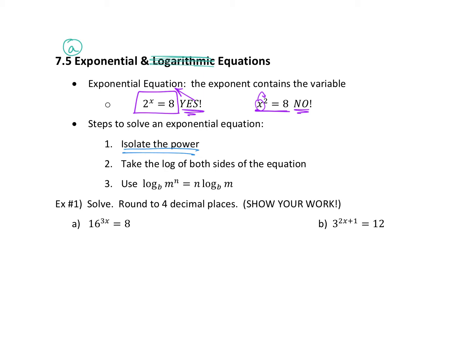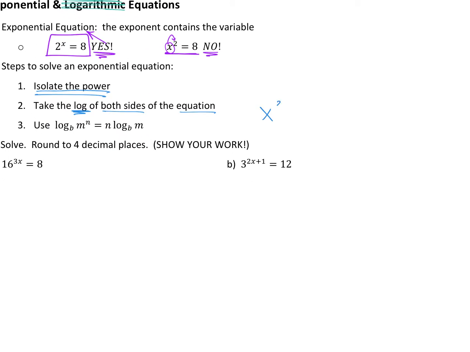Step two is once we've done that, we're going to take the log of both sides of the equation. And here's how I want you to think about this. We said a log is an inverse of an exponent, right? Or the exponent is the inverse of the log. Well, think about it like this. When we solve x squared equals 16, the inverse of squaring something is square rooting it, right?